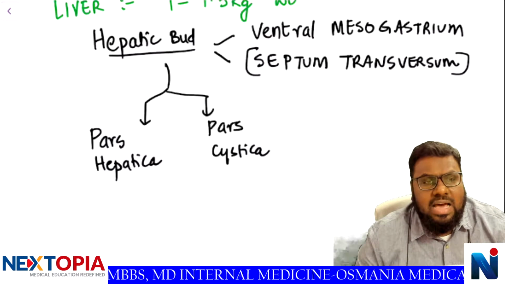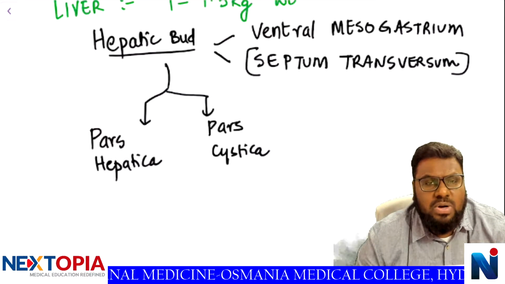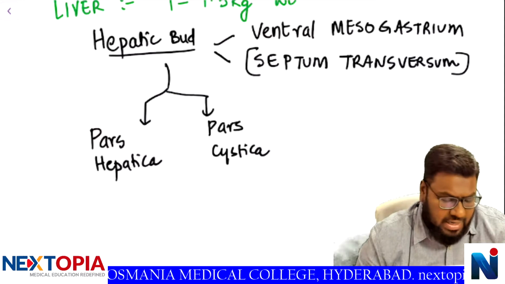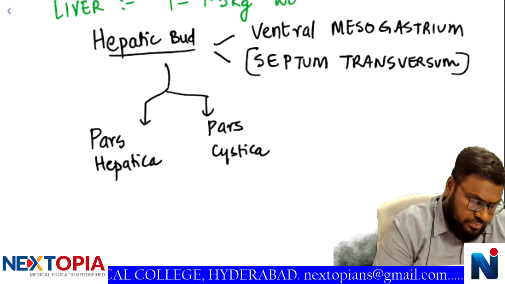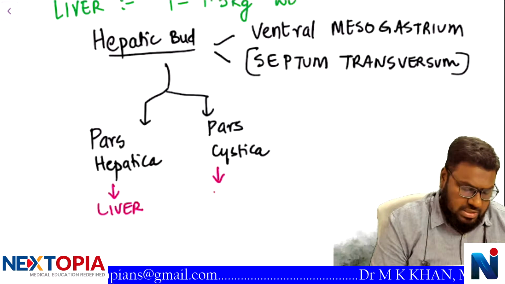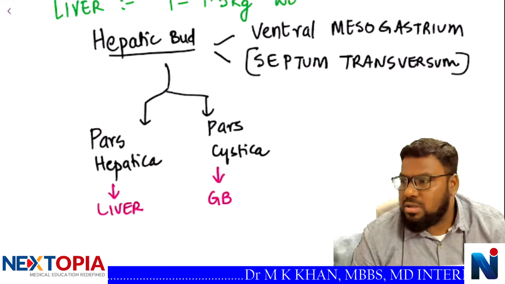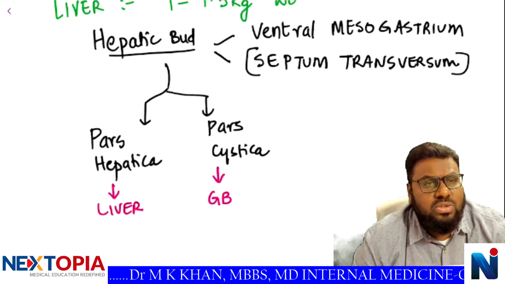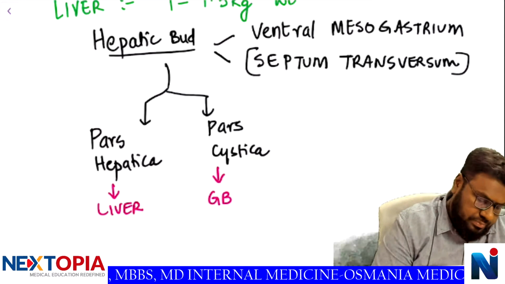Pars hepatica is a large part and pars cystica is a smaller part. The pars hepatica forms the liver, whereas pars cystica gives rise to the gallbladder and the cystic duct.